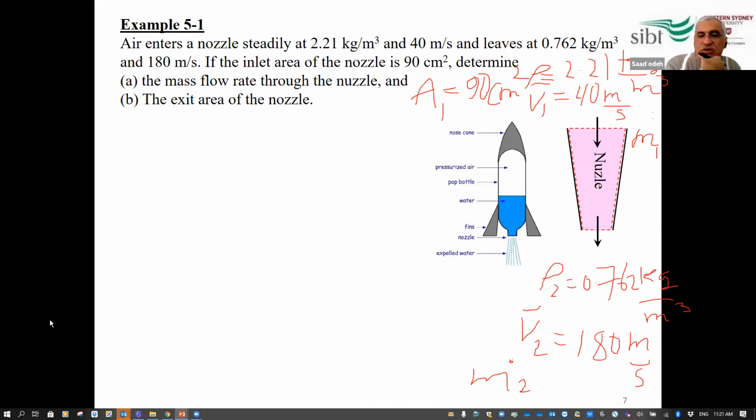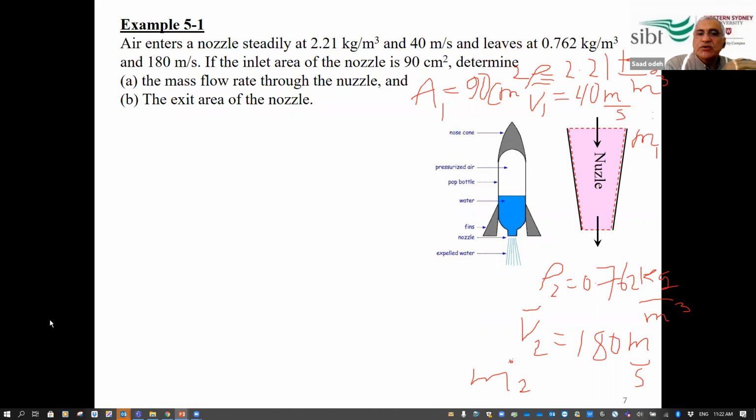I think it's going to be the same because it's air. Well, whether it's air or liquid, both types of fluid, because we have only one input and one exit from the system, based on mass conservation, the mass flow rate must be equal.